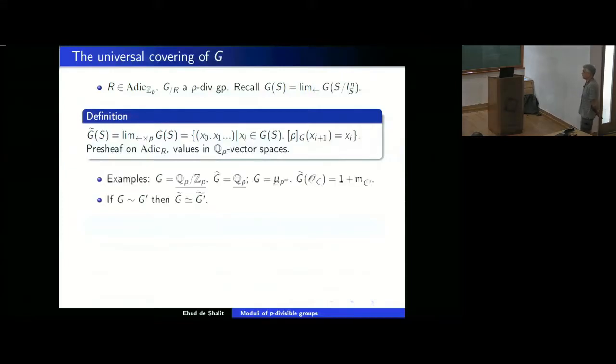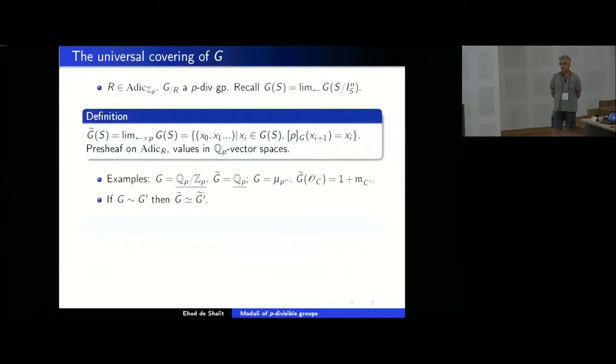And as easily computable examples, if you start with a constant p-divisible group Q_p/Z_p over Z_p, its universal cover is Q_p. If you start with mu_{p^infinity}, let's see what this is. We already worked out the S points, say, in O_C. So they were 1 plus the maximal ideal of C. Not just the p-power roots of unity there.